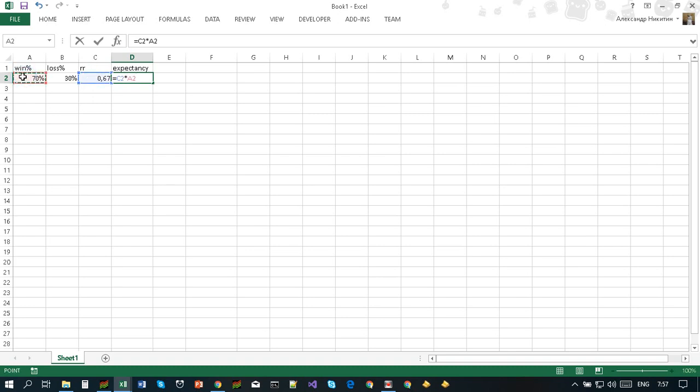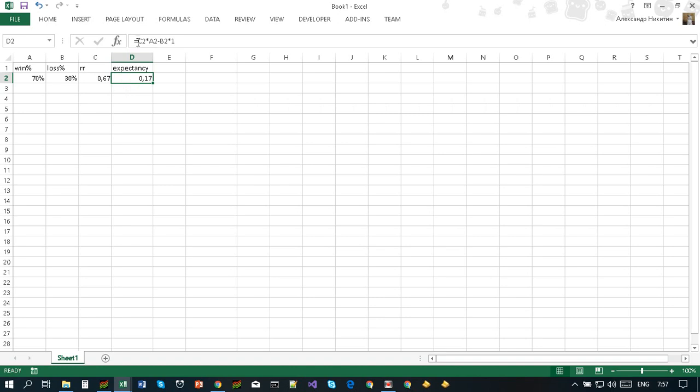Yes. And now to know if we generate money in the long run, we need to detract our losses. So minus what we lose. We lose 1 each and every time we lose. So you see the expectancy in this case is 0.17.